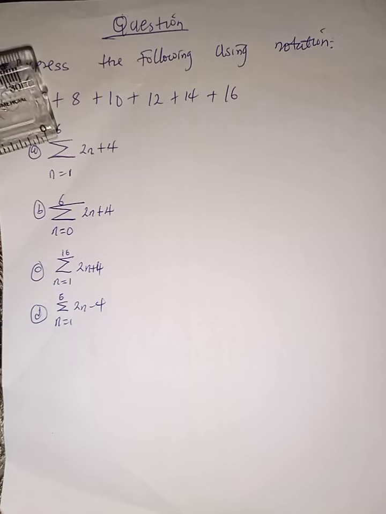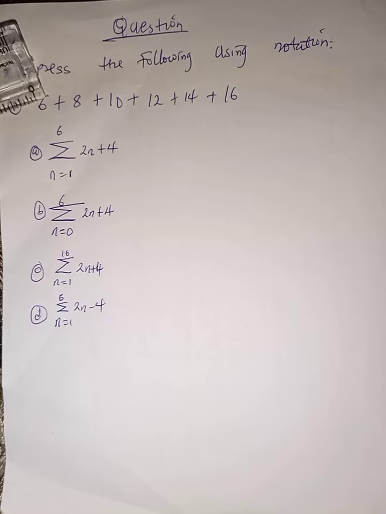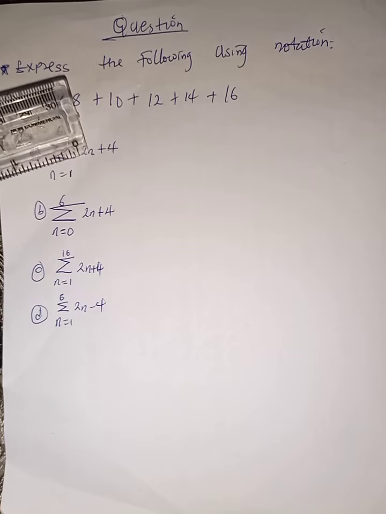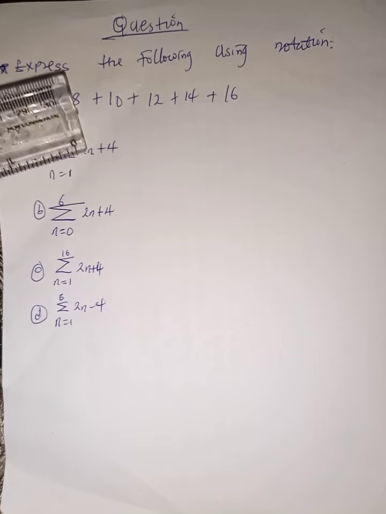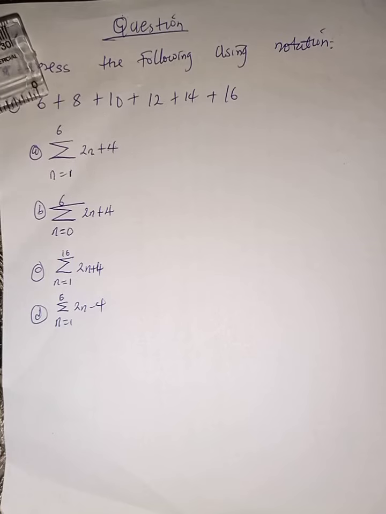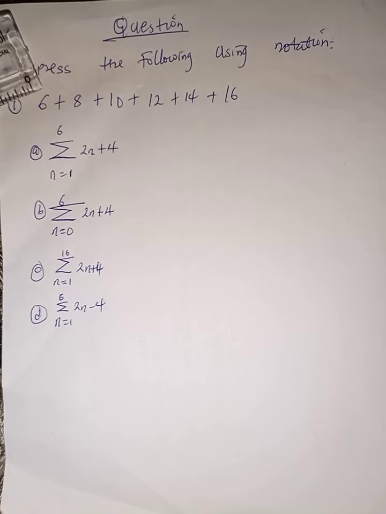So let's check this first one. If it will give us back this question, the first value of n is 1. So if n is 1, what do we have? We are going to have 2 times 1, 2, plus 4, 6. Correct. That is not enough.